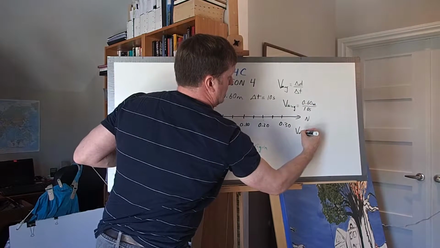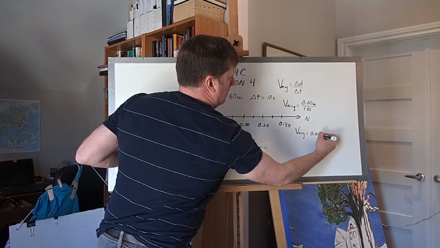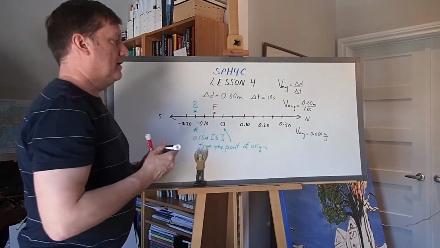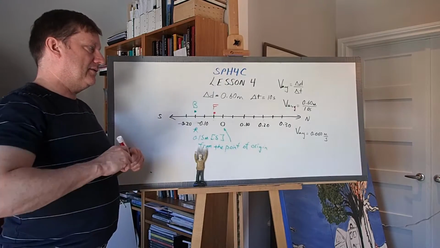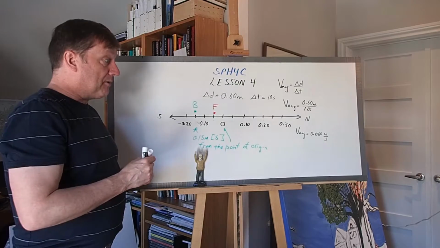So his average speed is 0.060 meters per second. So he is moving at 6 centimeters a second. That would be his average speed.